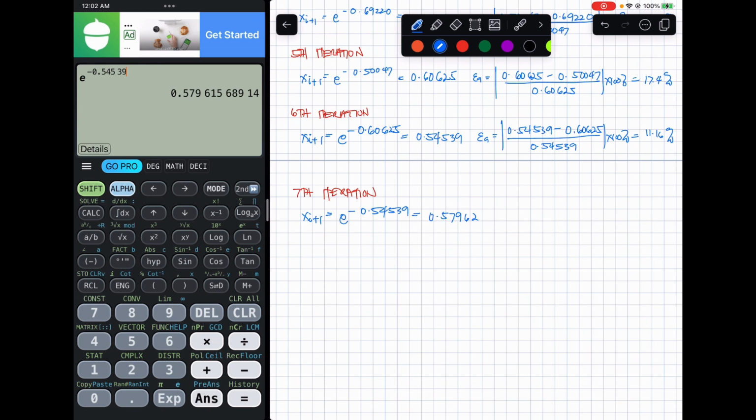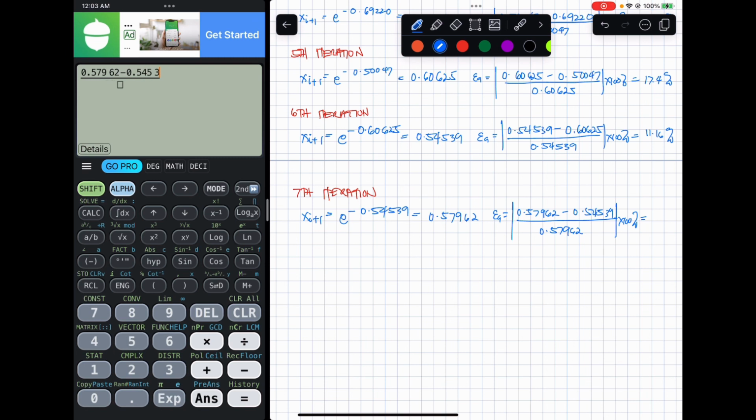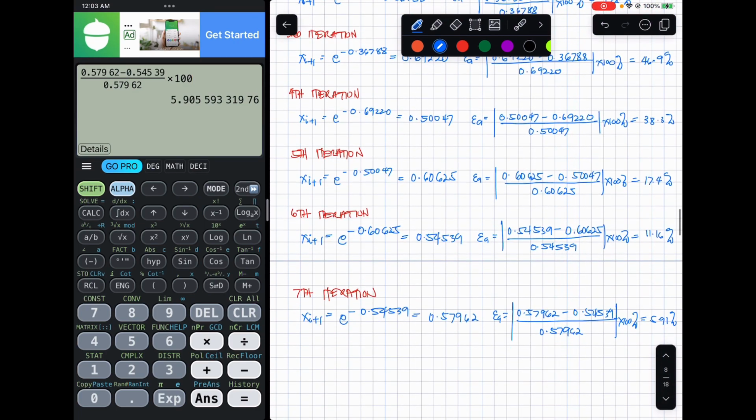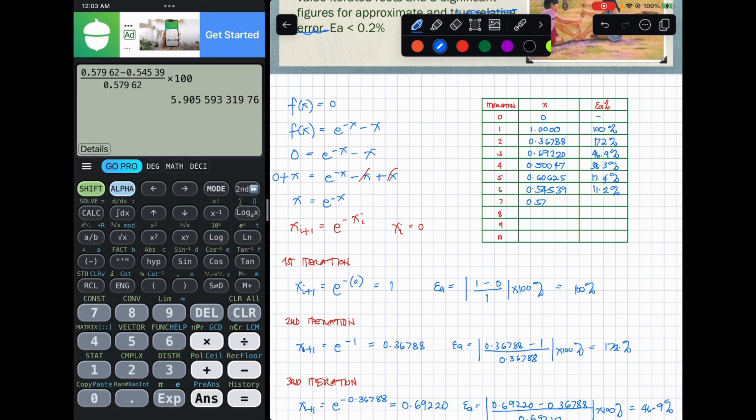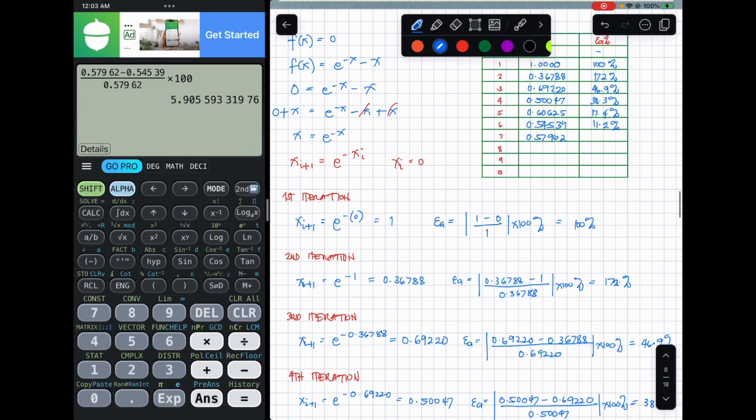So our approximate error: 0.57962 minus 0.54539, divided by 0.57962, times 100, so that is 5.91%.